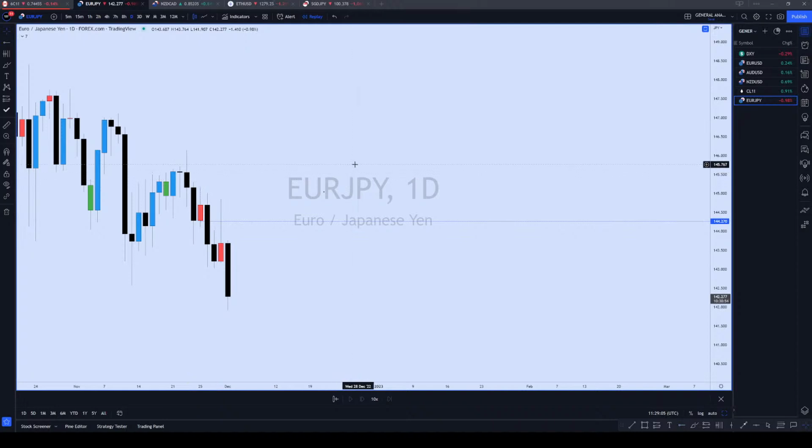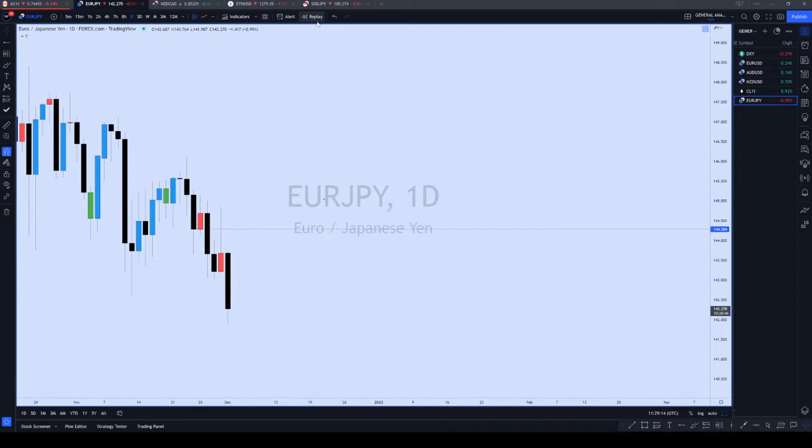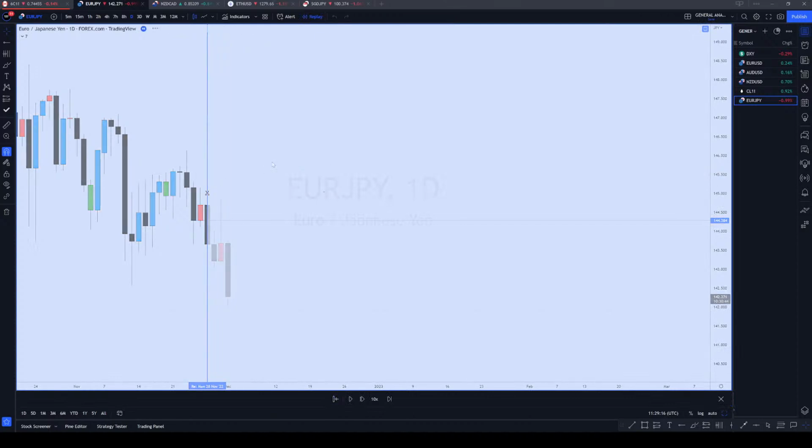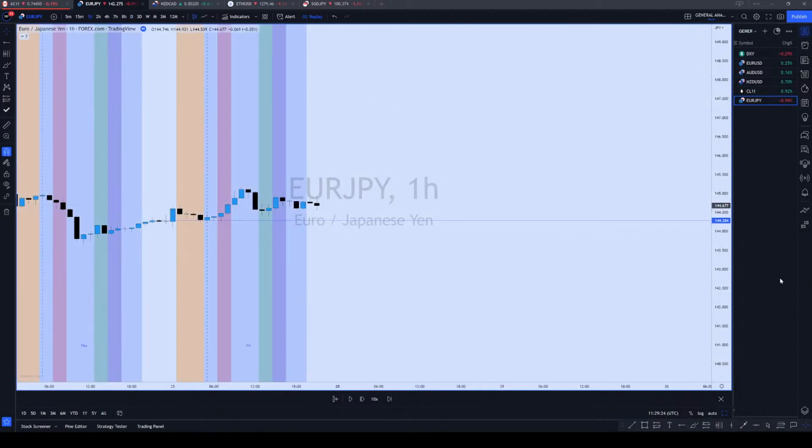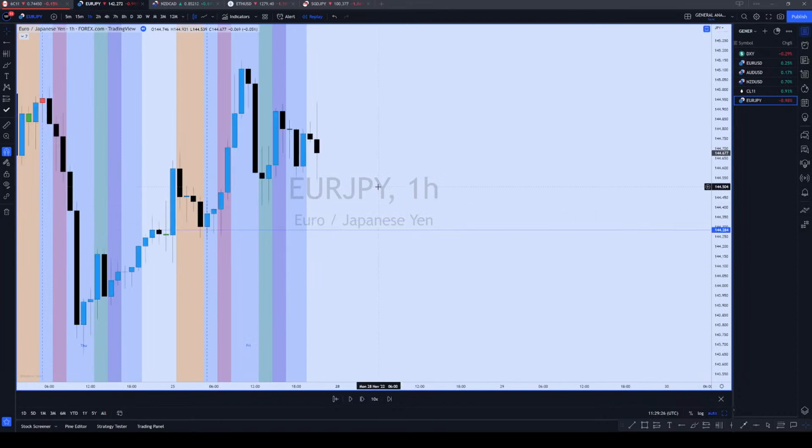That's the closing price, right? Let's take this one off. We closed like that. So this is how the chart looks when I'm going into trading Monday.